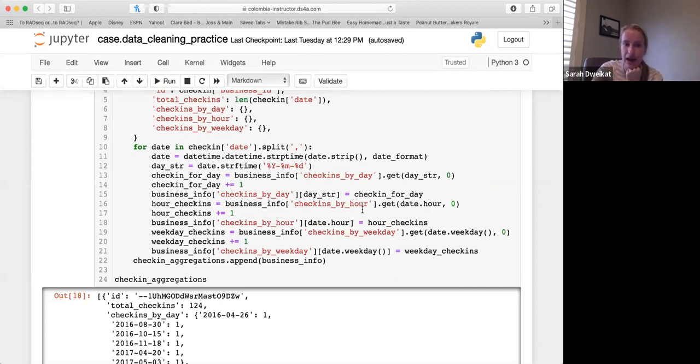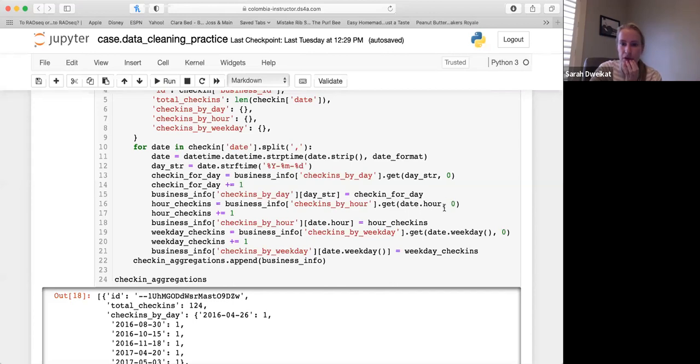But if we have the check-ins by hour, we do this date.hour. Since date is in a datetime format, this .hour function, like .weekday down here, or .minute, will just get you the hour that's in that date instead of the whole thing.